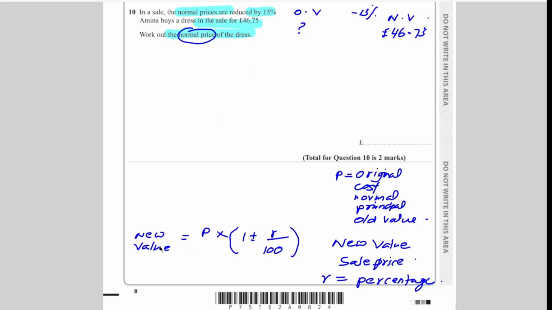Then the formula. If you use the formula, you need to get this thing, P. So P equals new value over, because this is connected with multiplication, 1 minus r over 100. We call this whole thing the multiplying factor.